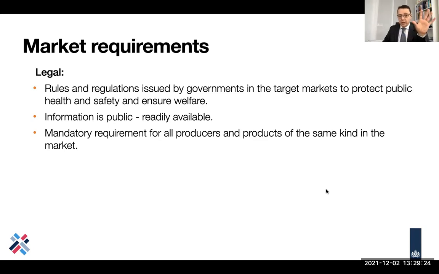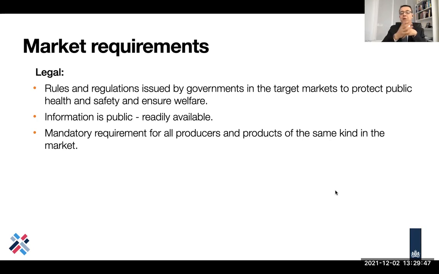These are legal requirements for products to access a specific market or geography, and they can relate to a hell of a lot of different areas. Typically, they're related to the health and safety and welfare of consumers.